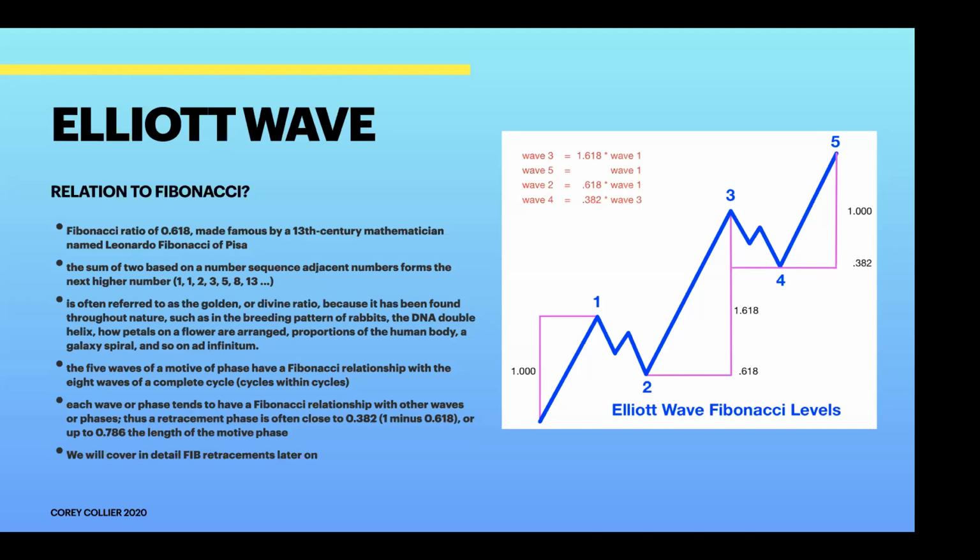If you add that retracement to the full move of wave 1, you'll get the length of wave 3. And that's the top of wave 3, guys, is where our take profit would be at the 1.618 or the negative 0.618, right?